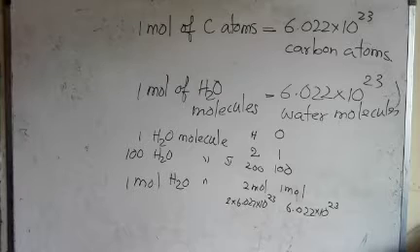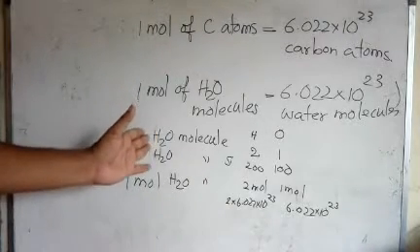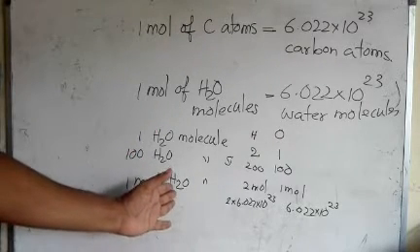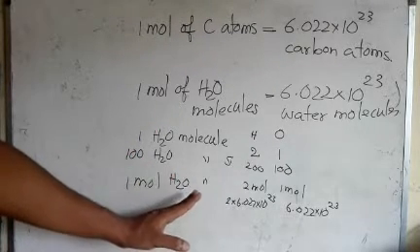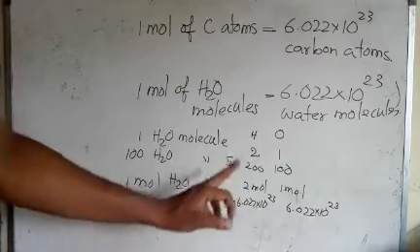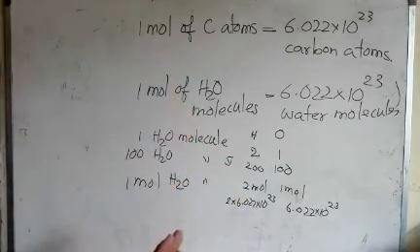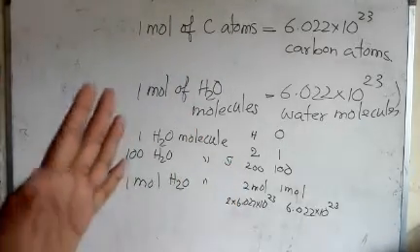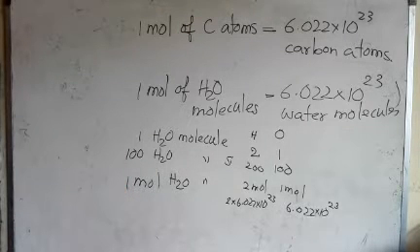If you are asked how many atoms are there in 1 mole of water molecules, there are 3 moles of atoms in 1 mole of water molecules. So 3 moles means 3 into Avogadro number.